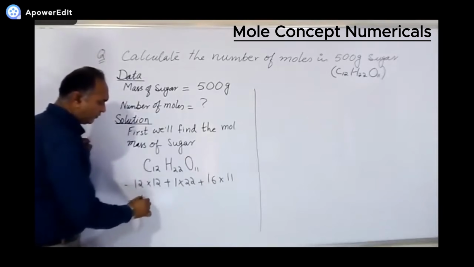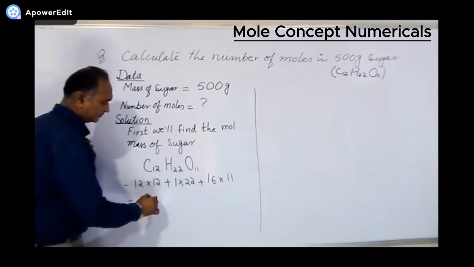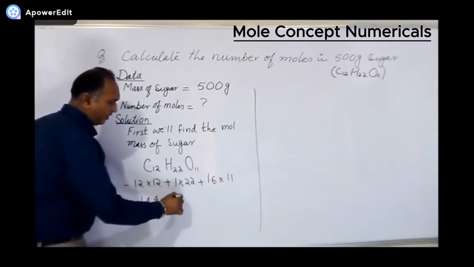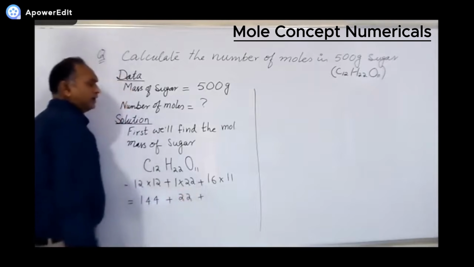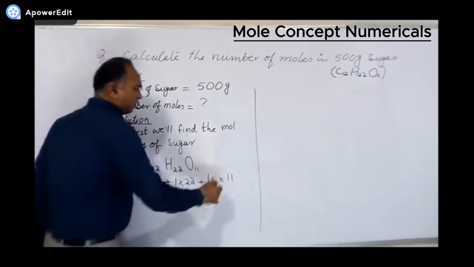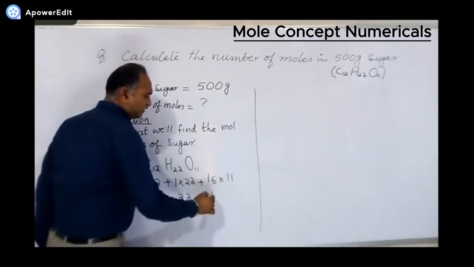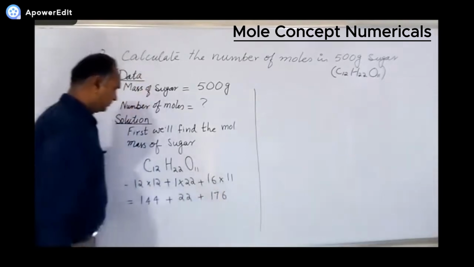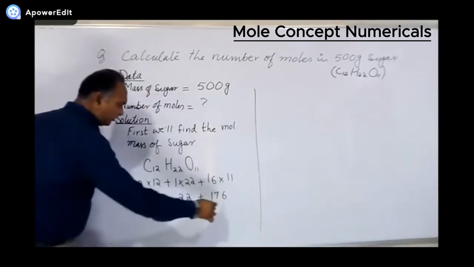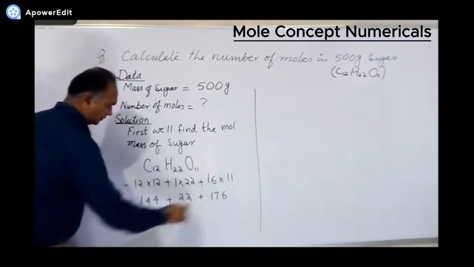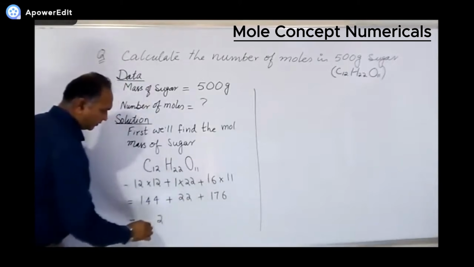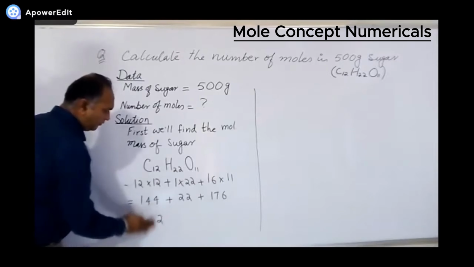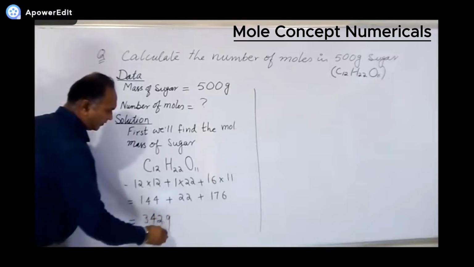12 12s are 144. 1 times 22 is only 22. And 16 times 11 is 176. Adding all of these, it will give you 342 grams.